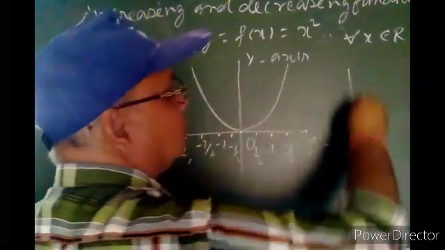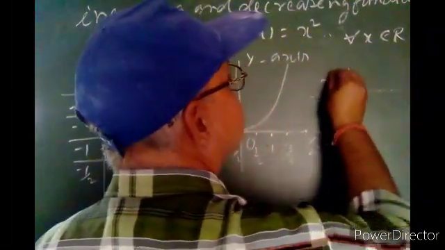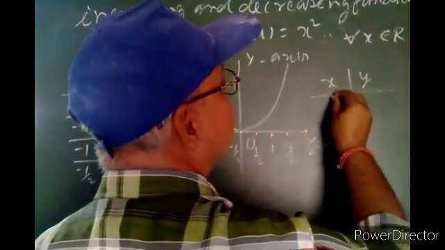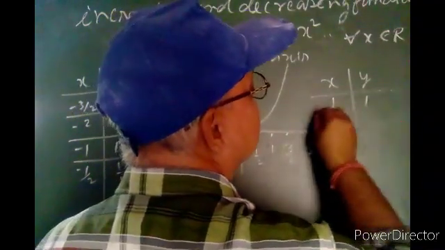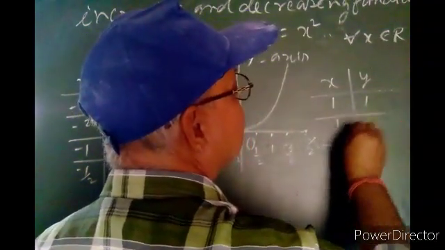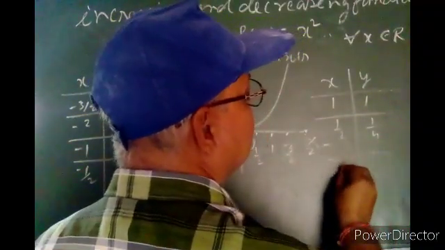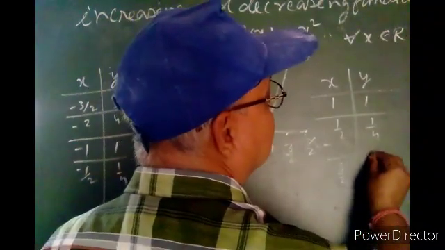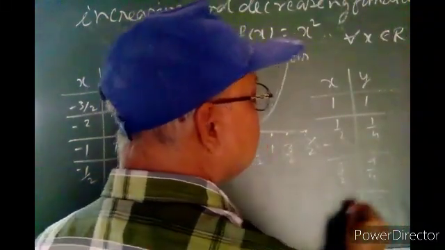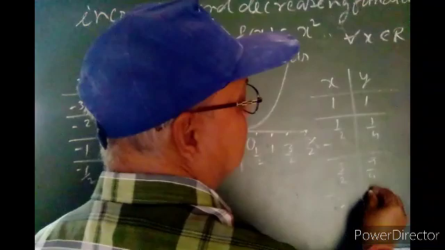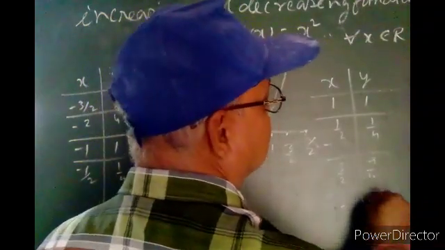We will make another table, x and y. If we put 1, y will be 1. If we put 1 upon 2, y will be 1 upon 4. If we put 3 upon 2, y will be 9 upon 4. If we put 2, y will be 4.